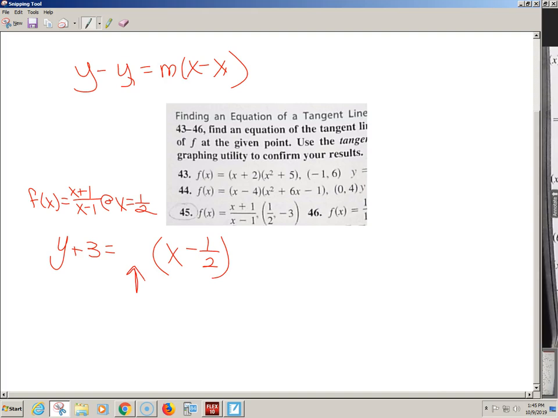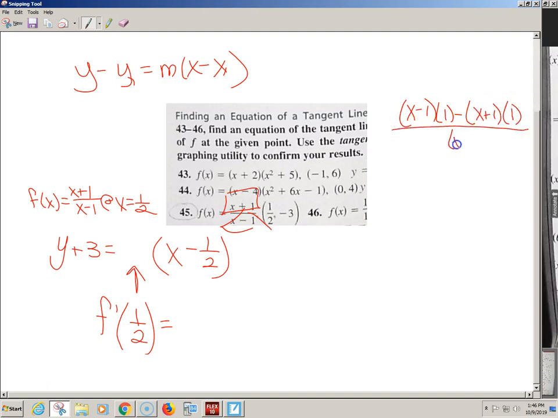Who's the m? That thing, the derivative. So I need f prime at 1/2. I need the quotient rule: bottom d top minus top d bottom over bottom squared, because I need f prime, or the derivative, or the slope at that point.